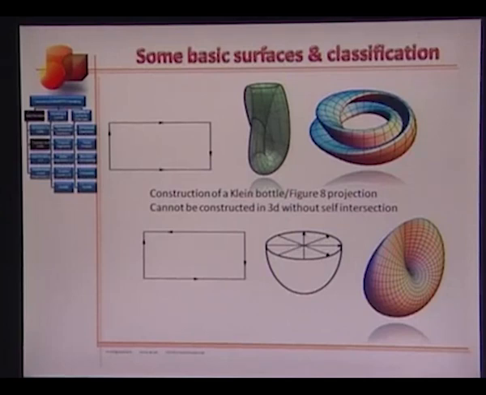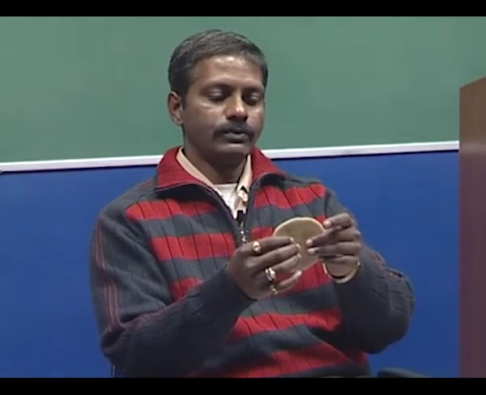Let me demonstrate its construction. This is almost a circular shaped dough, a disc. First, I'll try to give it a hemispherical shape. It's not very stable, but it will work for us.